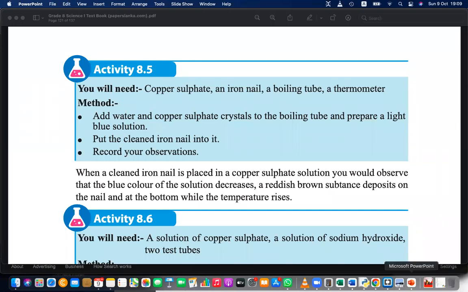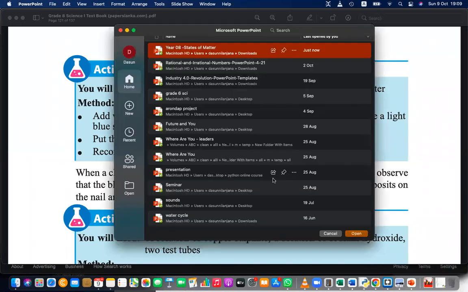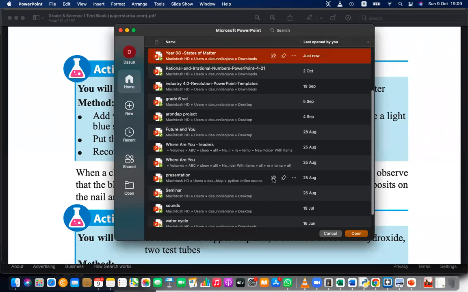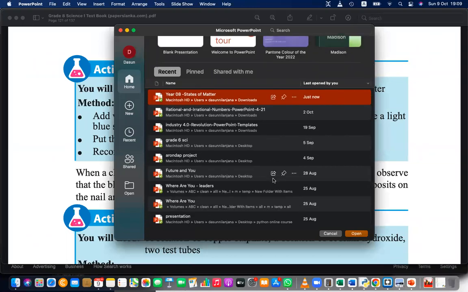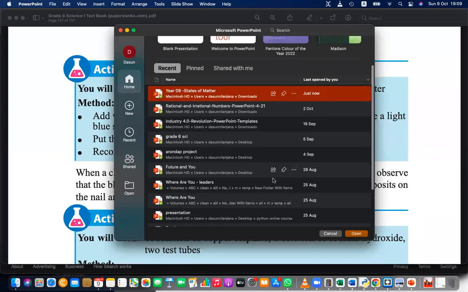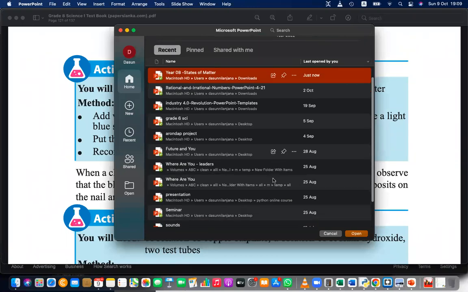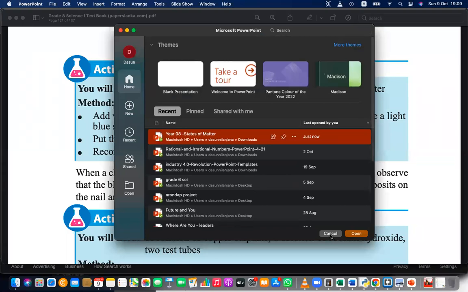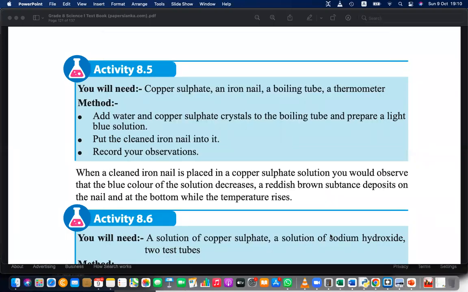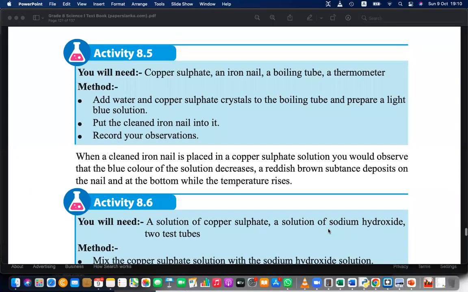This one. Okay, let's just discuss. I'm not sure whether we have discussed this last time. Okay, copper sulfate, iron nail, and boiling tube.